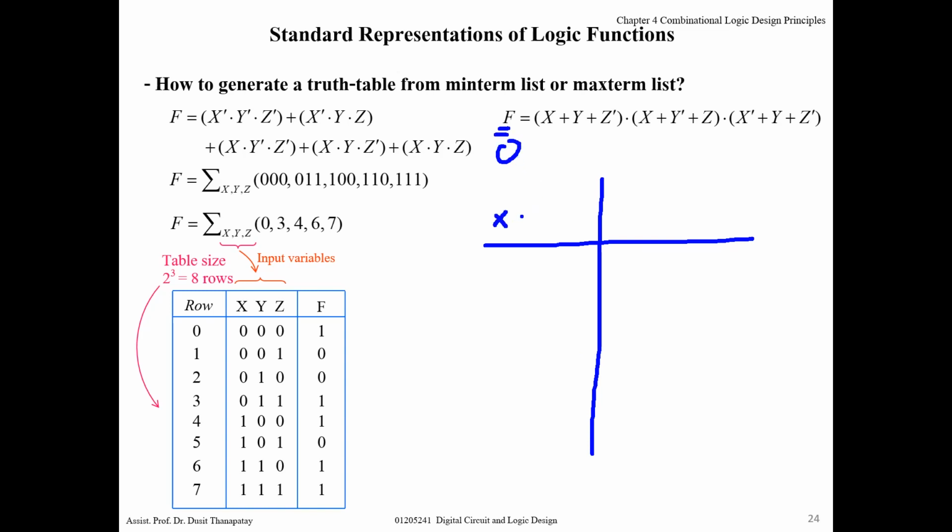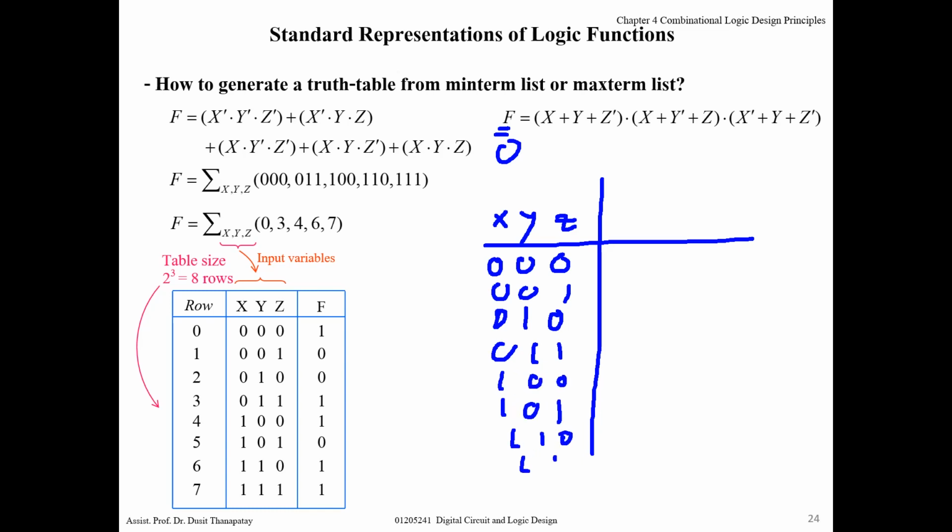Again you write down all possible input values: 000, 001, 010, 011, 100, 101, 110, and 111, right? And the output will be 0 when what? x plus y plus z prime. That means x, y, z is 0, 0, 1, right? So 0, 0, 1 at here.